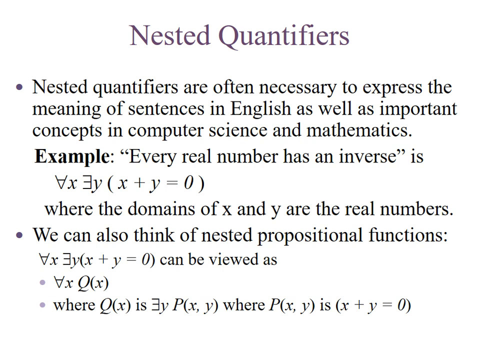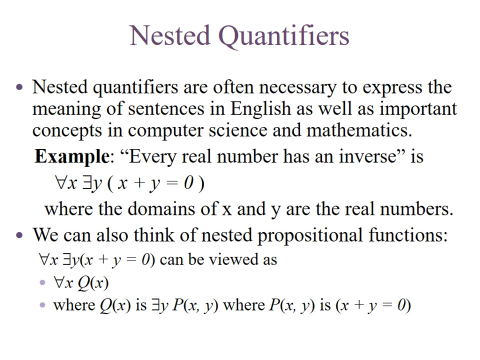Next, I would like to include one important concept because it will help you solve other problems of nested quantifiers easily. Consider nested quantifiers: for all x, Q of x. And what is Q of x? For some y, P of x, y. You can separate your original expression into parts.